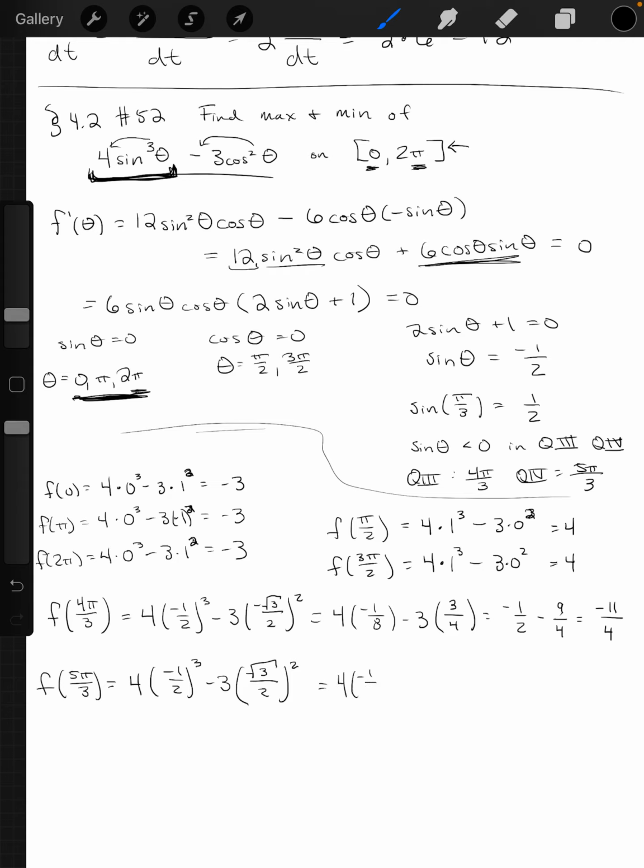Right, so we'd get 4 times negative 1/8 minus 3 times 3/4. And that's negative 11 over 4. So negative 11 over 4 is slightly more than negative 3. So these are our minimums, and these are our maxes. Right, because positive 4 is bigger than all those other values.